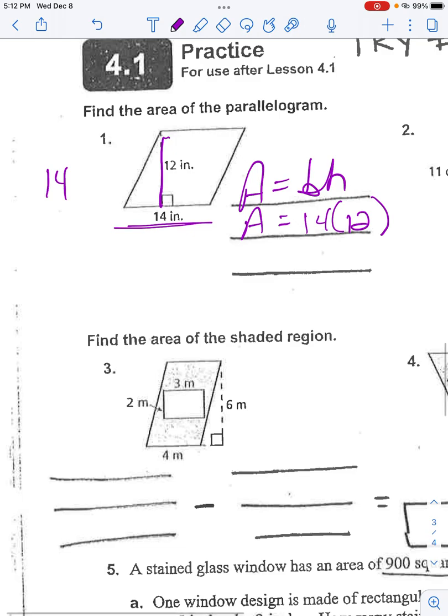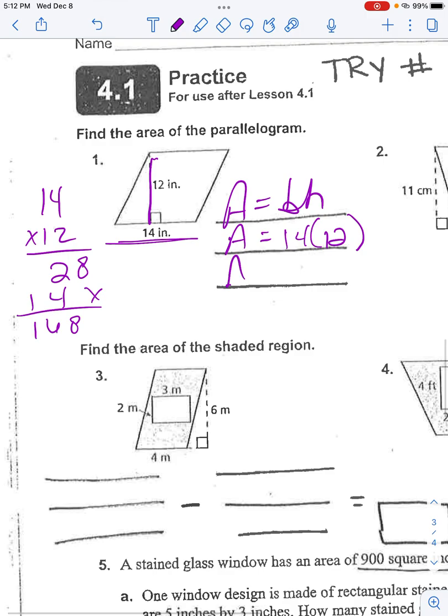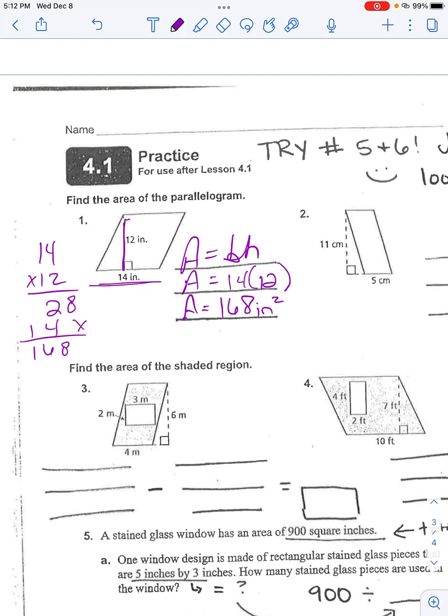And somewhere on this page, you should have your work for 14 times 12. Be sure you label it. You should have labeled it inches squared. So we should get 168 square inches is the area, the amount of space inside this parallelogram.